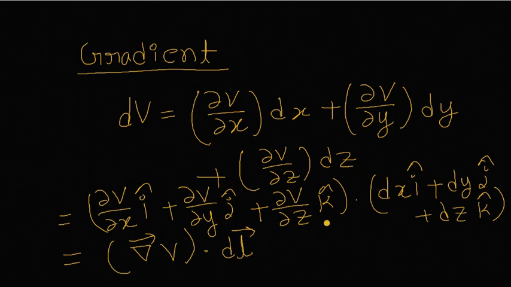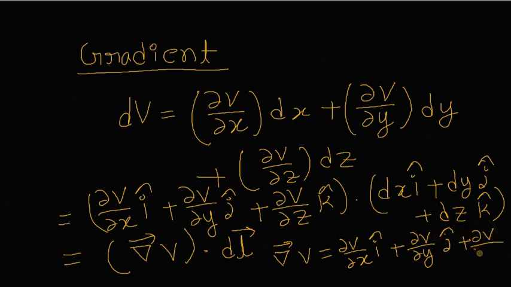So the gradient of v is del v/del x i cap plus del v/del y j cap plus del v/del z k cap.